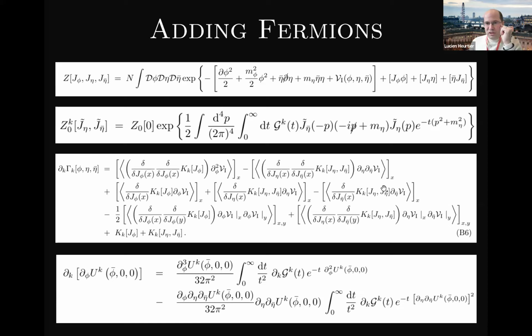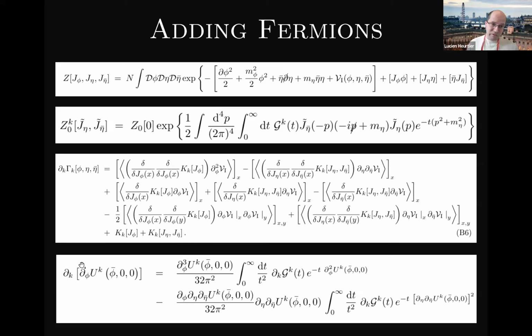It's not very pretty, but it's understandable. Those are just space integrals of quantities which include the interactions as before between the scalars and the fermions, and you may obtain a flow equation for the effective potential for the scalar field.